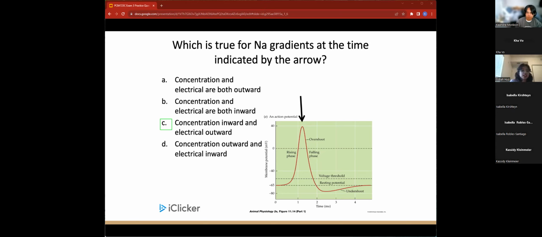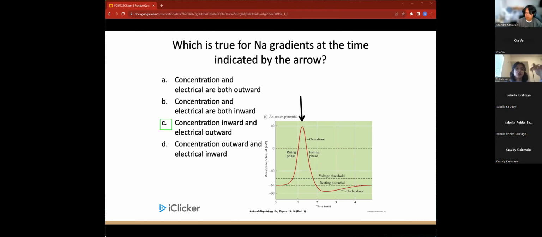So basically the positive ion would be attracted to the negative outside membrane. When you're looking at these questions, you should try to think of what the situation is, like what's going on.